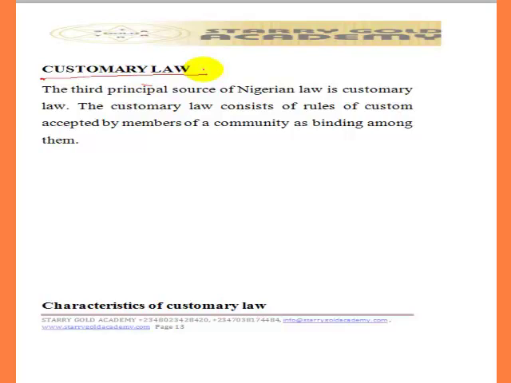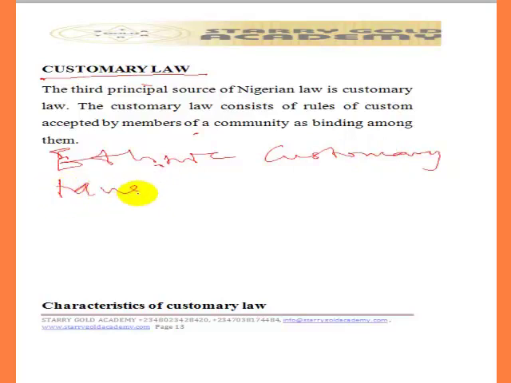We have what we call ethnic customary law, and we have Muslim law.